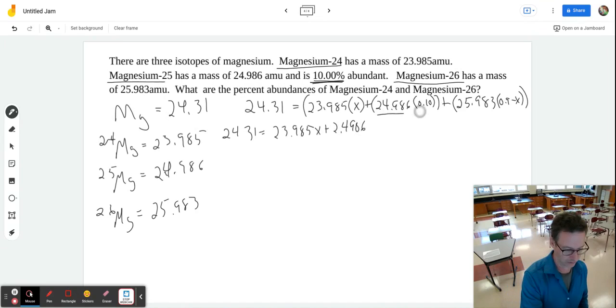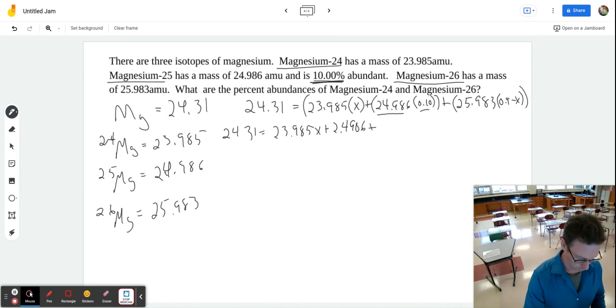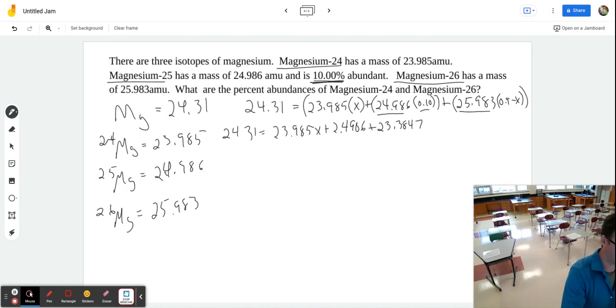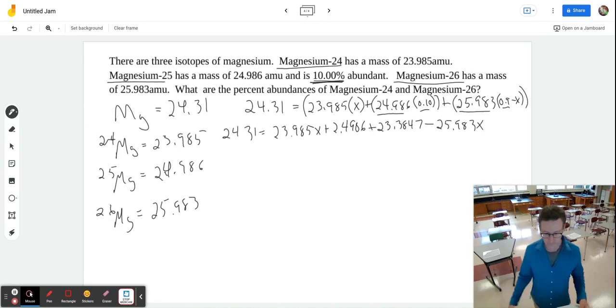That's what I get when I multiply these two numbers together, plus 23.3847. That's what I get when I multiply 25.983 times 0.9, minus 25.983x. Combine all my like terms.